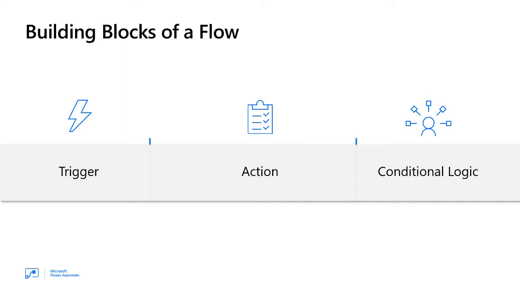If becomes your trigger, else becomes your action. So you take one service and look for triggers, and once that trigger is done, you then perform a specific action. Or you could trigger something, go through a conditional logic, and then perform an action. Those are the basic blocks of building in Power Automate.